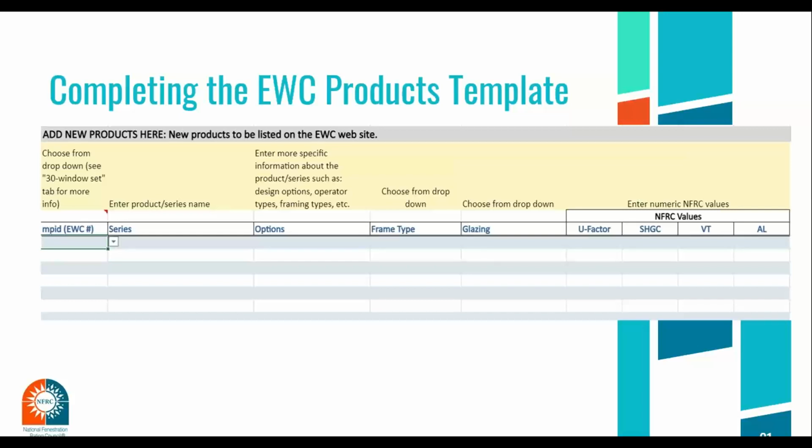You can say available with grids, or available with tint, or available with colored frame options on the laminate. You can fill out that options column to reflect more of what is represented than just that single window that is chosen. And then in your NFRC values columns, you fill out the U factor, solar heat gain, visible transmittance, and the 0.30 for the air leakage. I think that's about it.